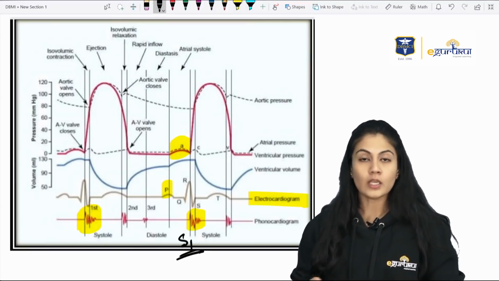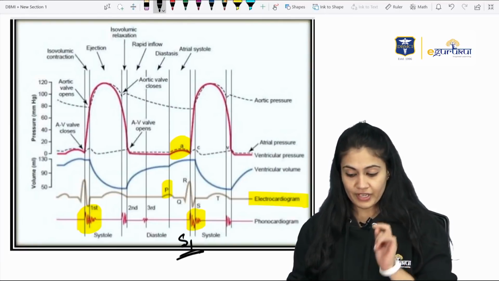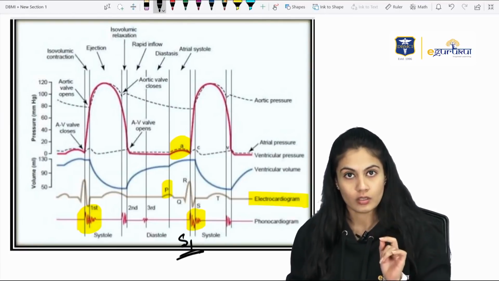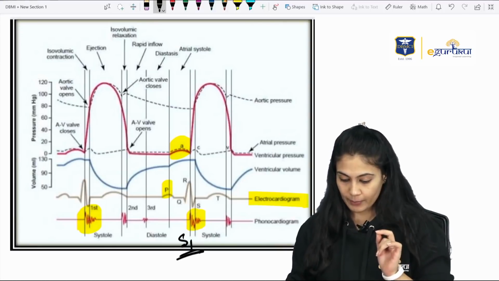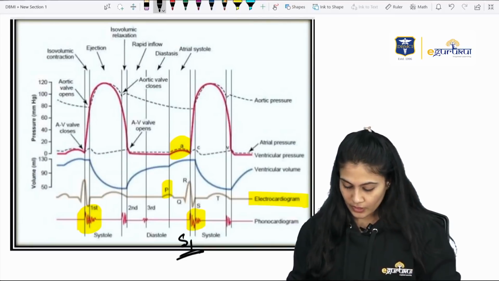We are left with the rapid ventricular filling. Remember, whenever there is atrial systole, after that what happens is the slow ventricular filling.